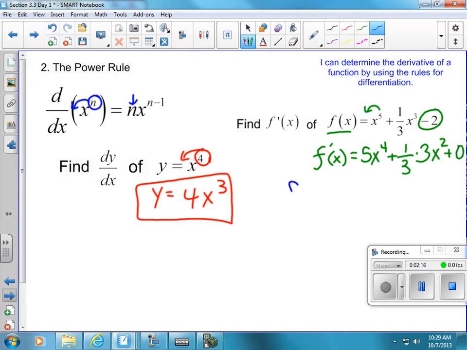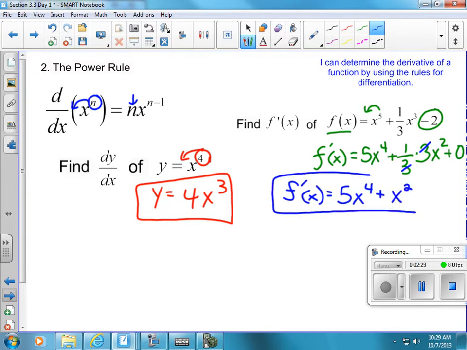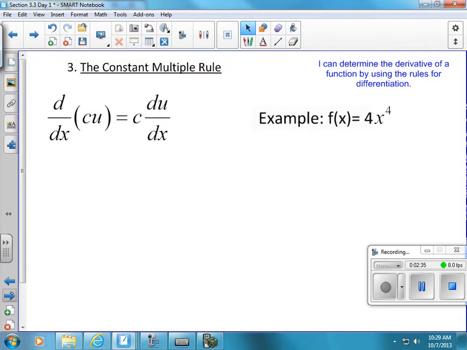So let's clean up this answer just a little bit to make it look nice, and it becomes 5x to the fourth plus, 1/3 times 3 cancels out, so it's plus x squared. That is the derivative of your original function. Next, like I said, we're going to do the constant multiple rule.